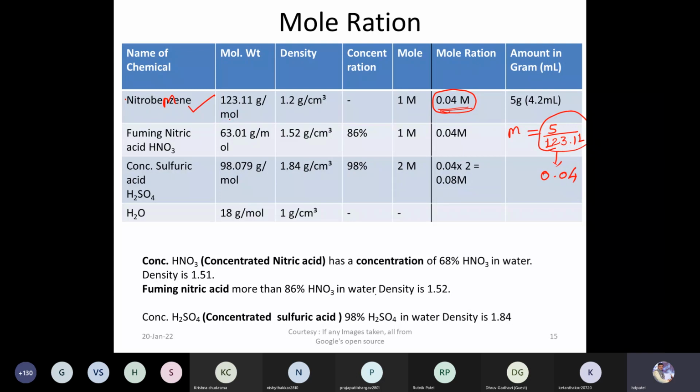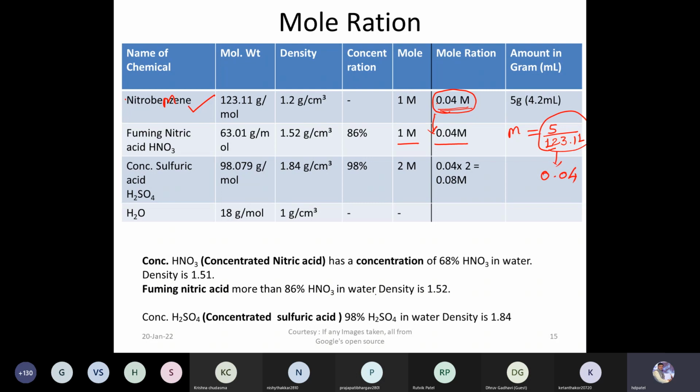Now, if you have the mole, that is 0.04 mole, then based on this only, we have to go for the other calculation. Now, as per this formula, for 1 mole of nitrobenzene, we require 1 mole of nitric acid. So what will be the mole of nitric acid? That is 0.04.